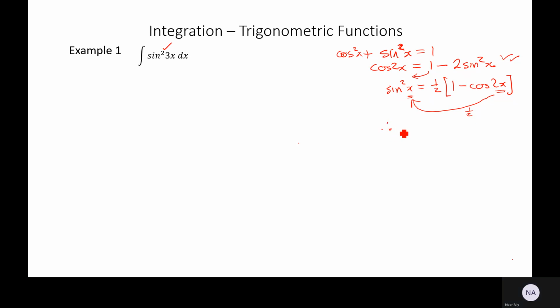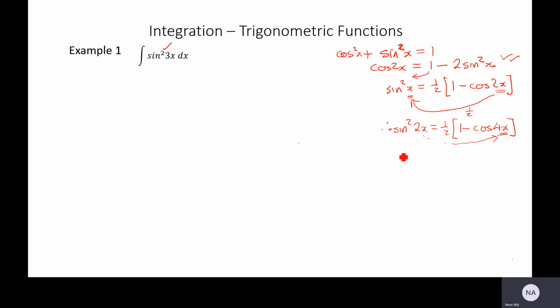Therefore, what is sine squared of 2x? You will merely double that to 4x, because this must be a half of that, whichever way you look at it. 4x is double 2x. 2x is a half of 4x.